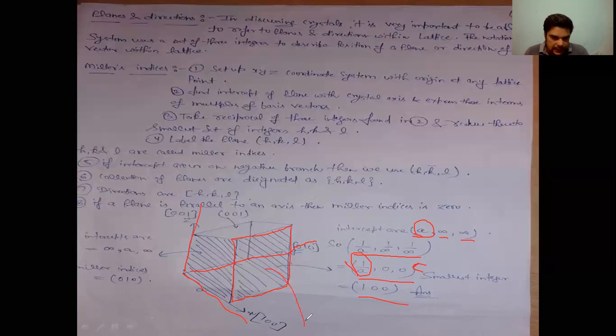So this plane is nothing but the bracket 100. So this plane is 100. This is the method by which we calculate the planes. Now let us find this plane. What is that plane?